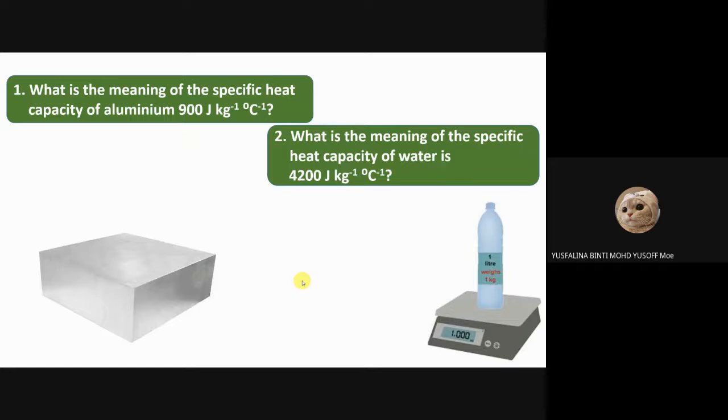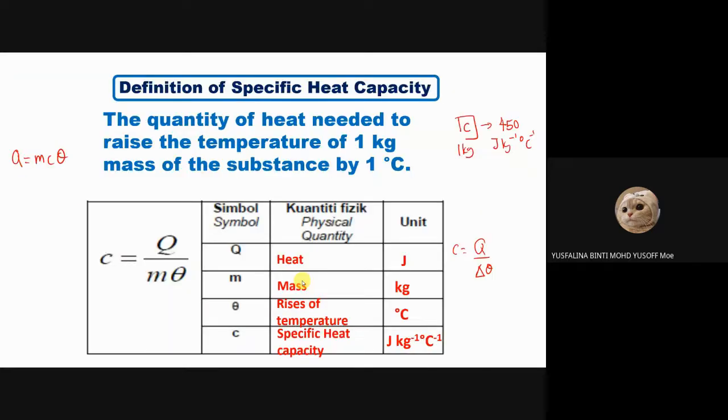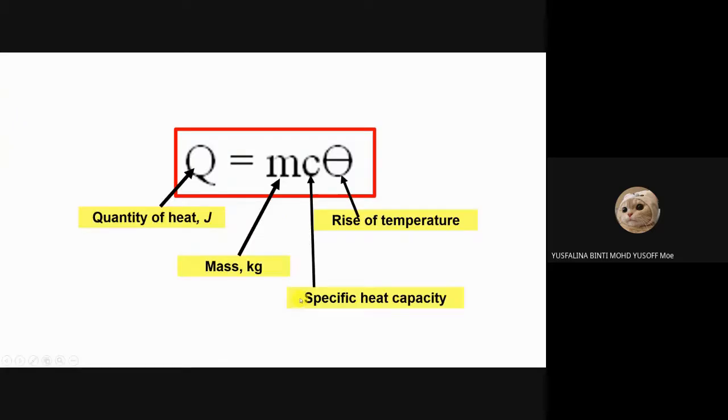Now I want you to write the meaning for each sentence of this, for number 1 and number 2. Remember just now that I gave this example, right? 450 joule kg negative 1. I said 450 joule needed to increase. So I want you to give the meaning.